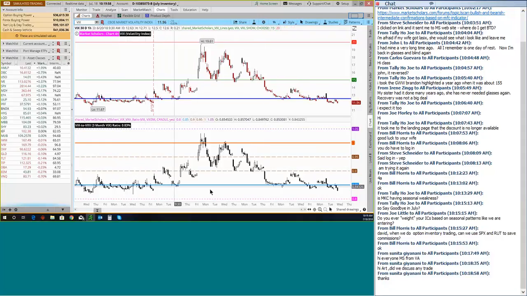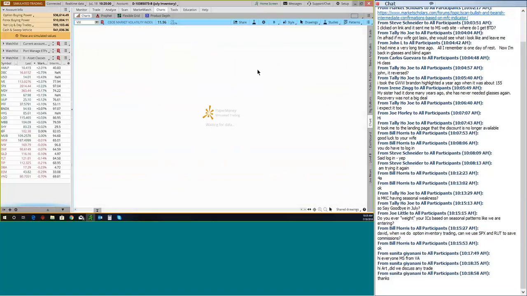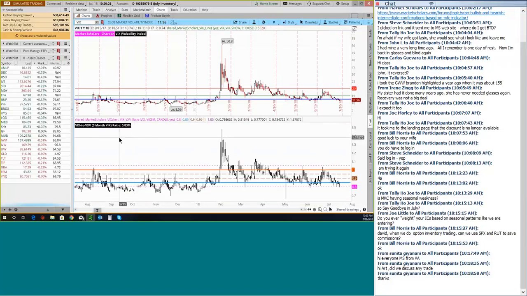But you also notice even during this whole year, last year we spent days and weeks, because this is a daily chart, with volatility being below 80% of the 3-month VIX, which is VIX 3M. It used to be VXV, the popular ratio that most of you know that I like to look at.